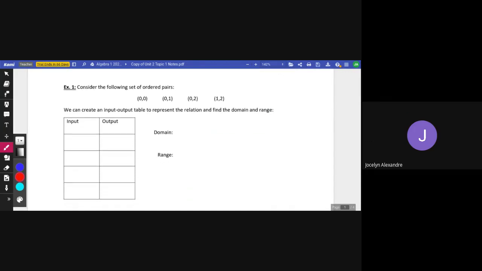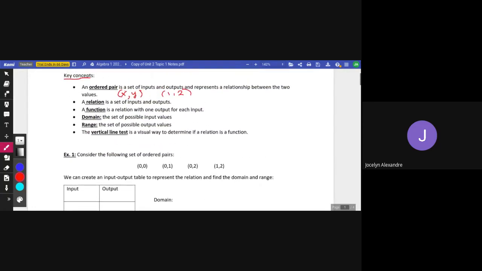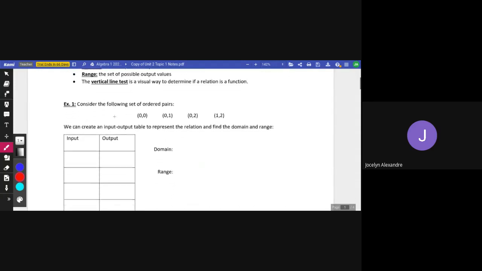Consider the following set of ordered pairs: 0, 0; 0, 1; 0, 2; 1, 2. From these ordered pairs, we can create an input-output table to represent the relation and find the domain and range. The input is going to be the X value.